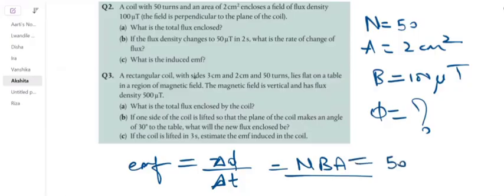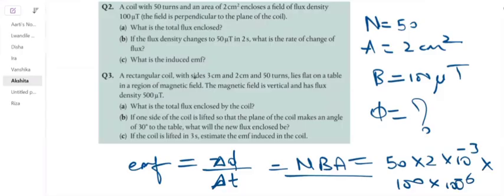How much will it be? 50 into 2 into 10 raised to minus 3 into 100 into 10 raised to minus 6. Please give me the answer.